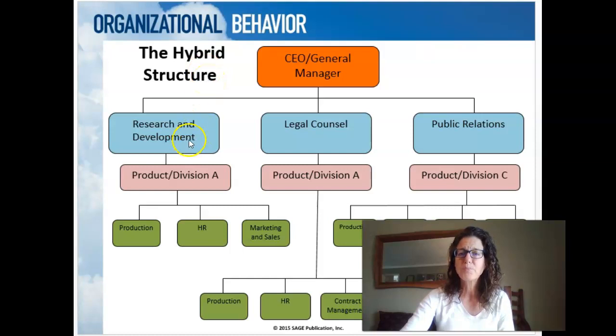The hybrid structure pulls some functional areas out of the regional or product divisions and puts them at corporate level. And this is something that Xerox did. They globalized their research and development.